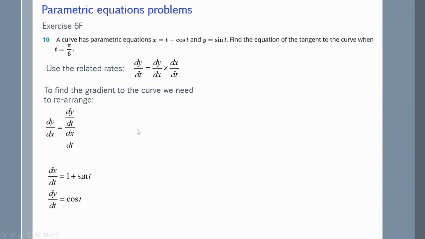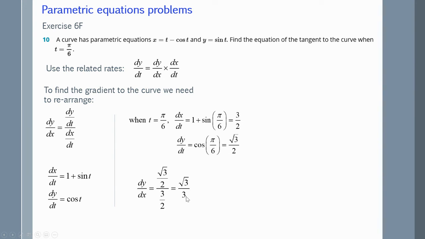This time we wish to find the values of those derivatives when t equals pi on 6. 1 plus sine pi on 6 is 1 plus a half, which is 3/2. dy/dt is cos pi on 6, which is root 3 on 2. Substitute here. So dy/dx is root 3 on 2 on 3 on 2, which is root 3 on 3. That's our gradient of the tangent.